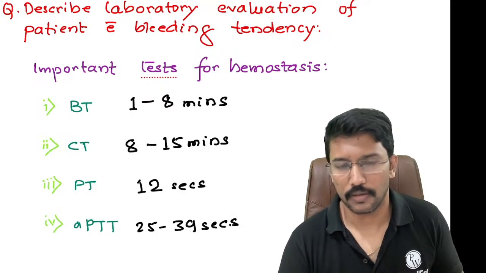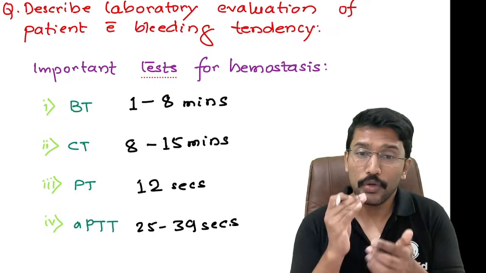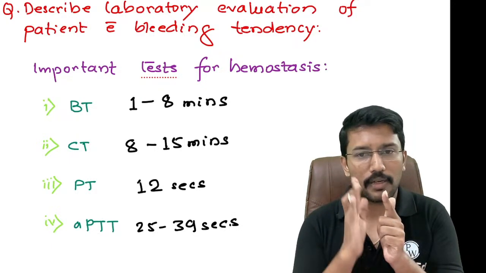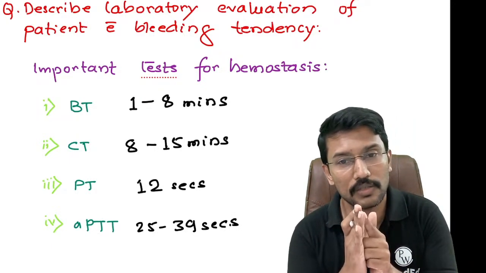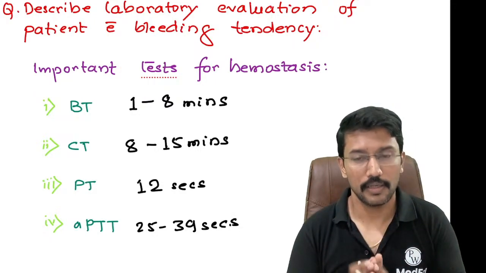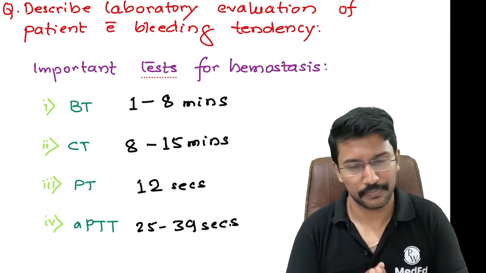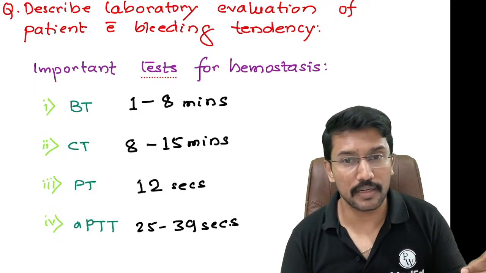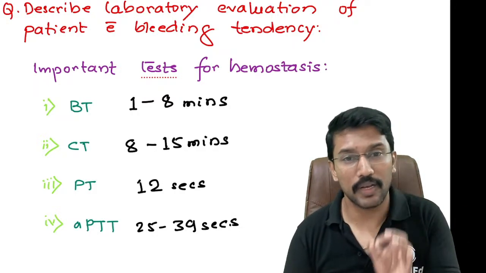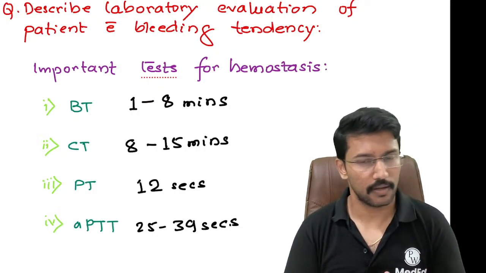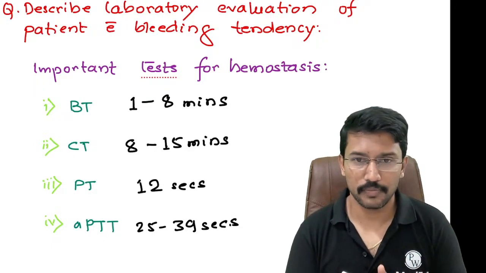See, who is stopping the bleeding after we create a trauma? Initially, who is stopping the blood loss? It is the platelet plug. So if I don't form the platelet plug, I will continue to bleed. So increased bleeding time indicates that you have platelet dysfunction. And then what is clotting time?